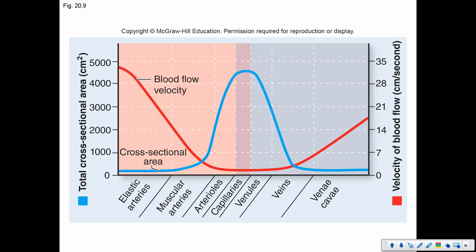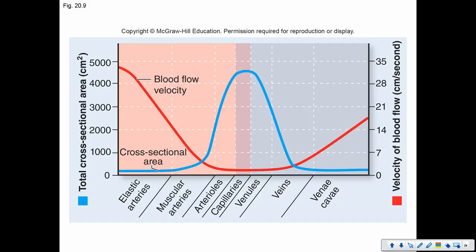But when we say cross-sectional area, you're talking about how wide or what diameter you have available for the blood to pass through. As it says, number 6 under 20.2, arteries and veins have lower cross-sectional area than capillaries because there are thousands of miles of capillaries.